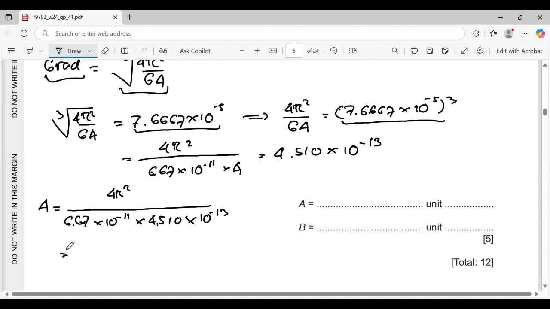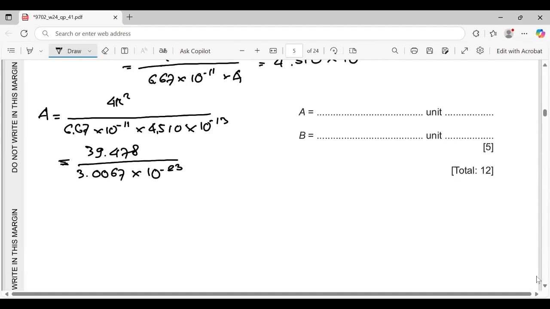And it's equal to 39.478 over 3.0067 times 10 power minus 23. So it means A equals 1.313 times 10 power 24, or 1.3 times 10 power 24, and the unit is kilograms.